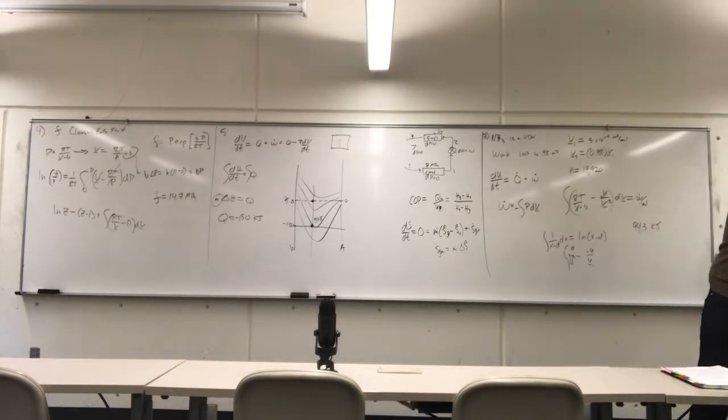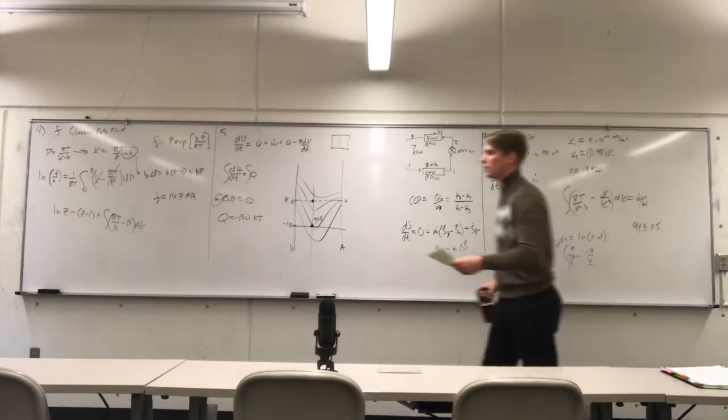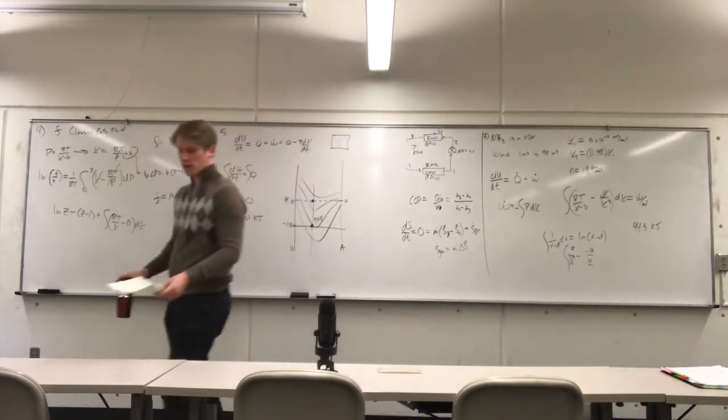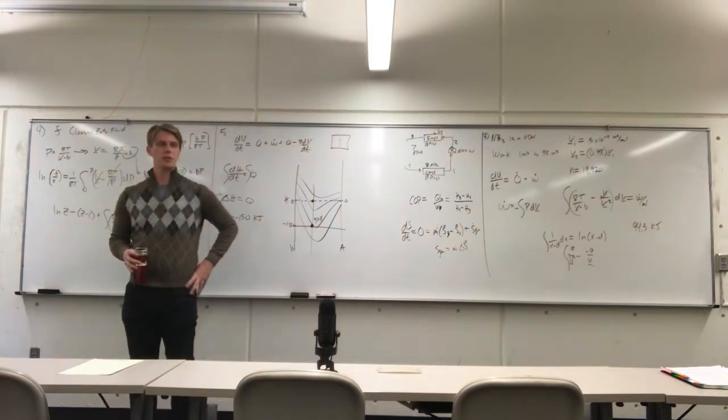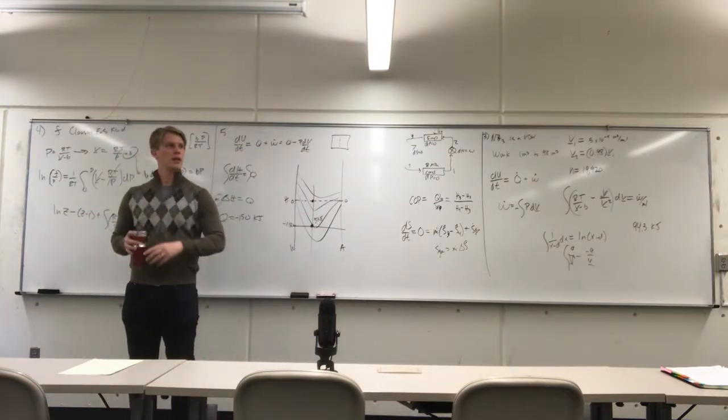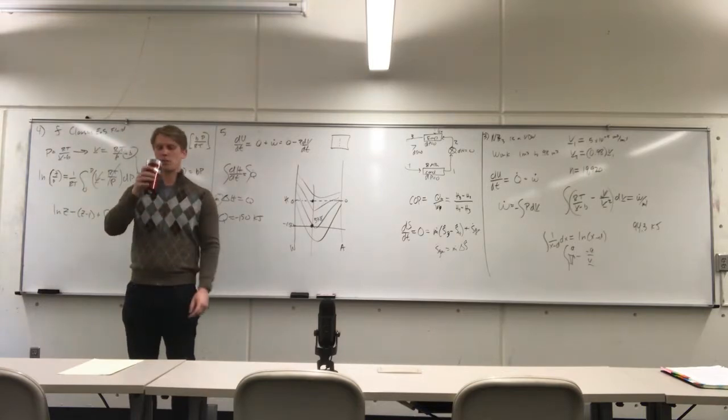So instead, what I'd like to talk about is the question that I asked everyone on Wednesday. How can we get positive excess entropy? So a few folks have mentioned something that was on the right track. So keep the secret to yourselves, but I want everyone else to kind of brainstorm a little bit more.